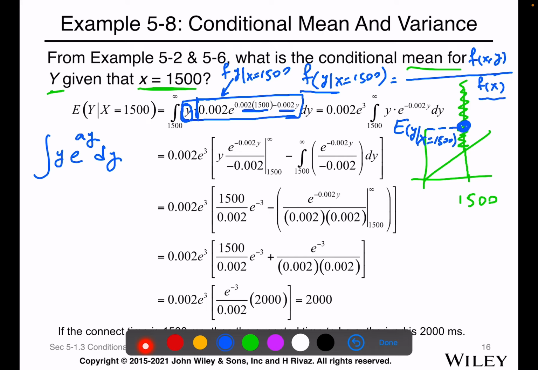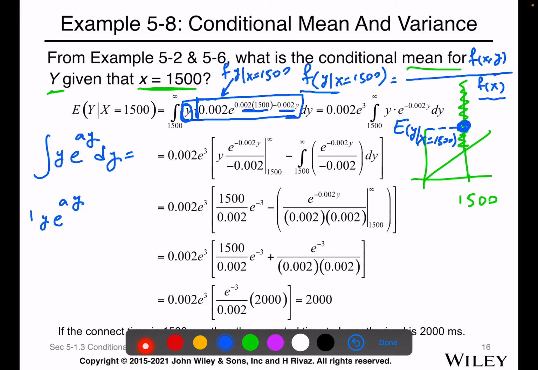How I like to do it, instead of integration by parts, is the following. I say this integral is going to be y e to the, so instead I try to find the function whose derivative is that guy, right? So e to the y.